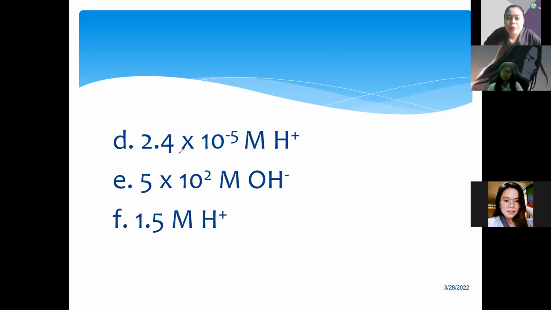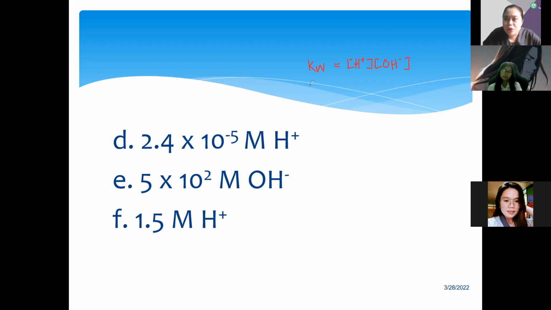The given is 2.4 times 10 raised to the power of -5 molar hydrogen ion. So this is the concentration of our hydrogen ion. Thus, we are going to compute for the hydroxide ion. And our formula for this is Kw is equal to H plus times the OH negative.